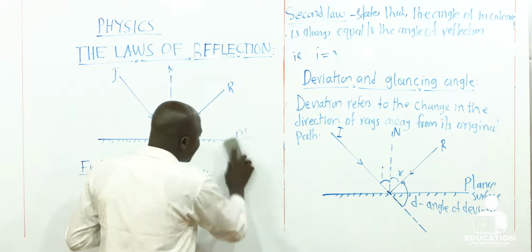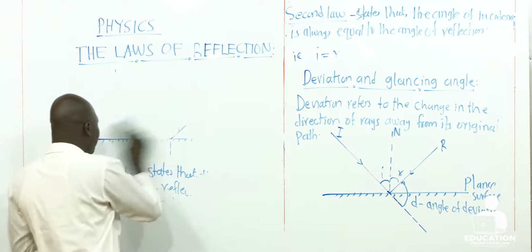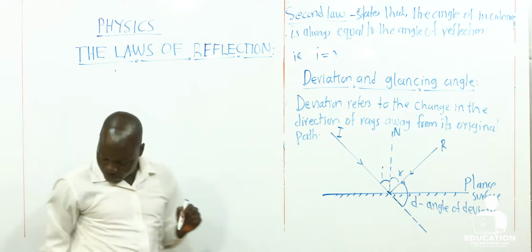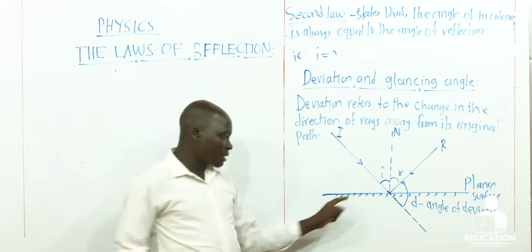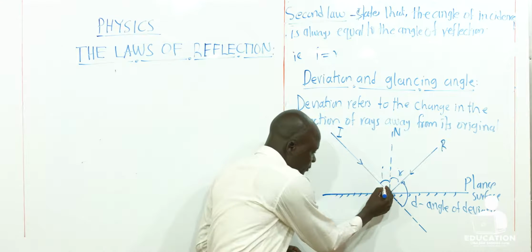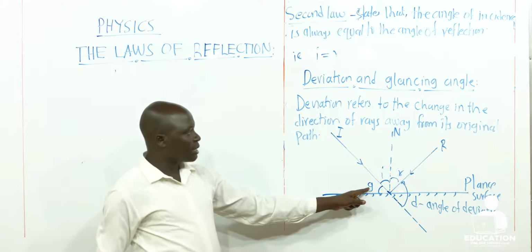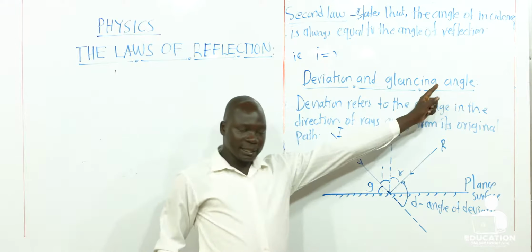And we also said that the angle which is found between the incident ray and the reflecting surface is called the glancing angle. We represent it with letter G. That's why we have deviation and glancing angle.